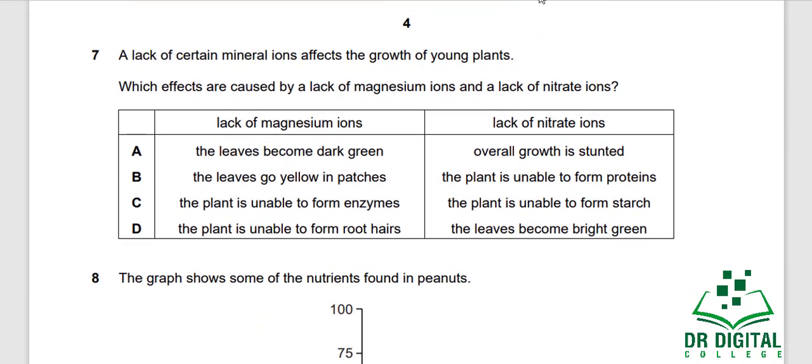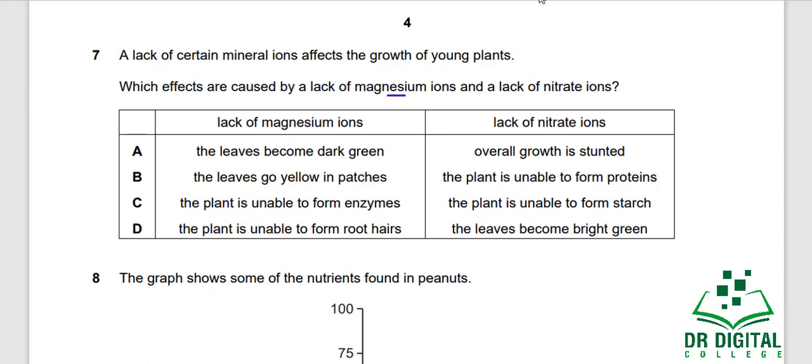In question 7, a lack of certain mineral ions affects the growth of young plants. Which effects are caused by the lack of magnesium ions and a lack of nitrate ions? You know that magnesium is needed for the formation of chlorophyll, while nitrates are needed for the formation of amino acids as well as chlorophyll.